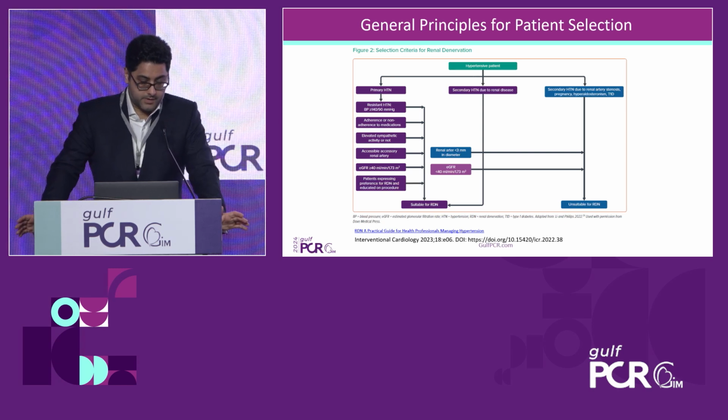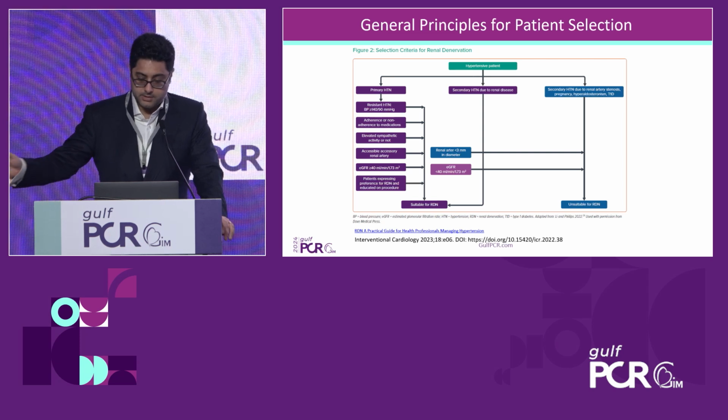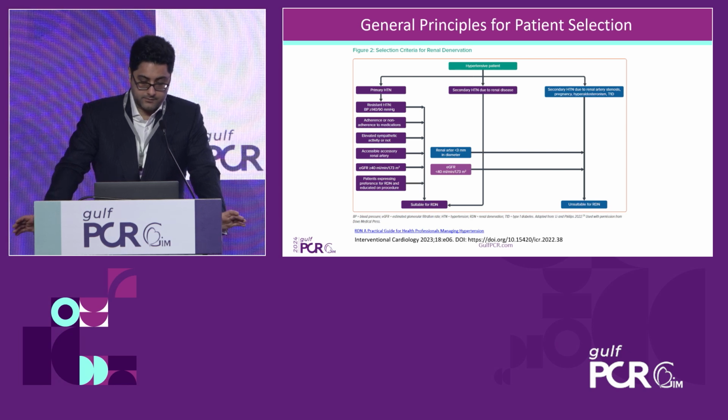Essentially you have a hypertensive patient. Patients who have secondary causes are excluded, so you just treat their secondary cause. For those who have actual hypertension, you have to assess whether they have resistant hypertension, meaning their blood pressure is consistently elevated. You have to assess their adherence and non-adherence to medications, and we'll talk about this.